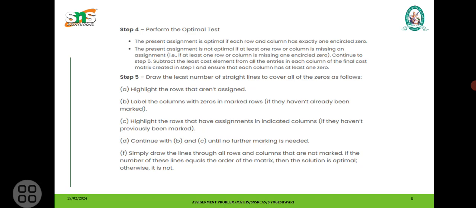Mark the rows that have assignments in the indicated columns. Continue with these until no further marking is needed. Simply draw the lines through all rows and columns that are not marked. If the number of these lines equals the order of the matrix, then the solution is optimal, otherwise it is not.